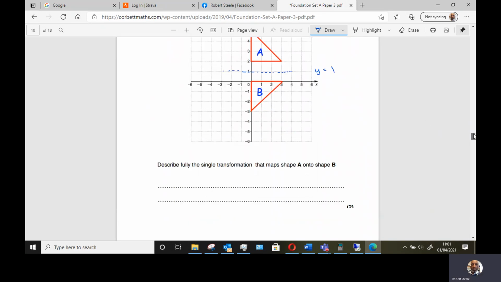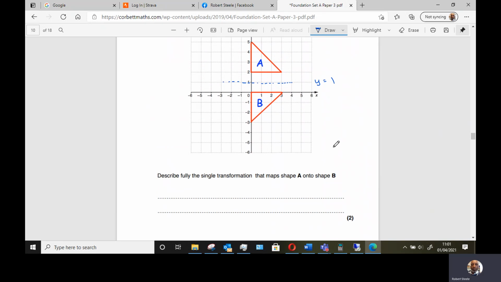So, 2 mark question, 1 mark for actually choosing something from reflection, rotation, enlargement, translation, choosing one of those. So it's the reflection, and the 2nd mark comes from saying what the mirror line is. So there you go.